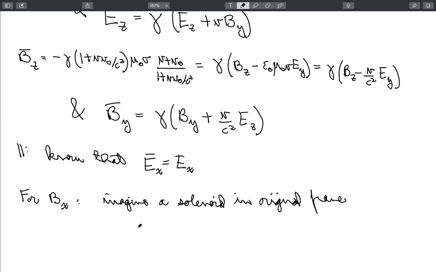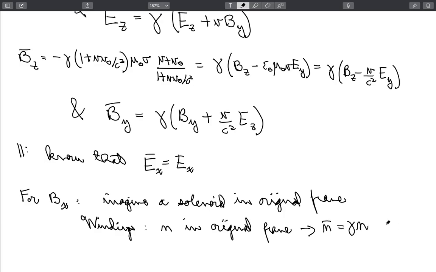So essentially, you remember that the magnetic field is proportional to the current in there times the number of windings. So the windings, which were n in the original frame, because of Lorentz contraction, they become tighter by this factor gamma in the moving frame.